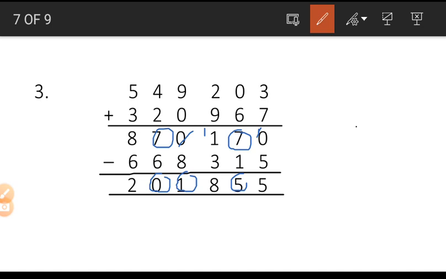Finally, 8 minus 6 is 2. Alright, so this is how we do this kind of mixed operation, where you have both addition and subtraction. Addition should be done first before subtraction.